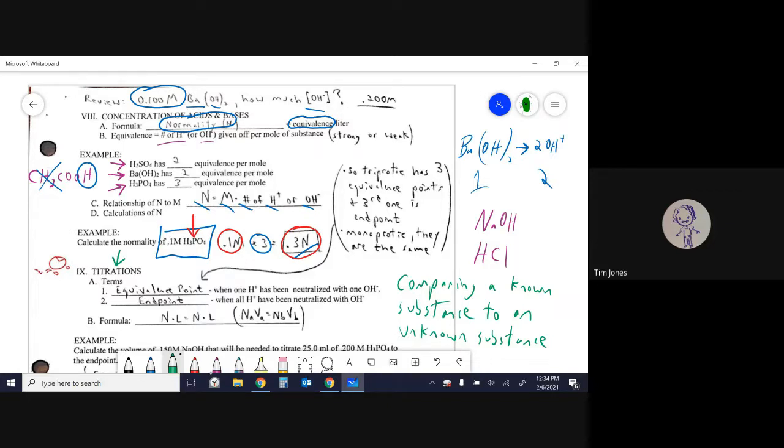By the way, when doing titrations, the classic type of problem is to start with an acid in your container, and then you would have your burette up here, with the valve, and you would drip in the base.